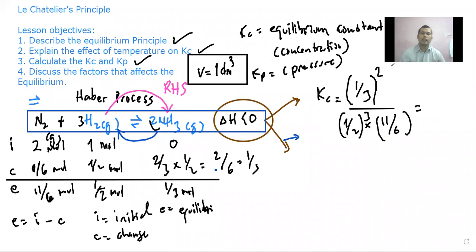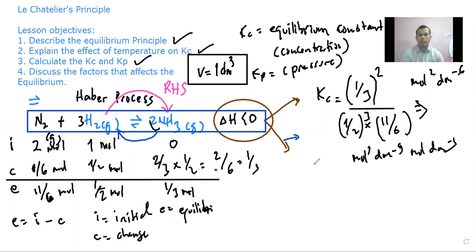And of course, for the unit, you can use your calculator to get the value, but the most important thing is the unit. Here you have a unit of mole squared dm minus 6. At the bottom you have mole power 3 dm minus 9, and then mole dm minus 3.